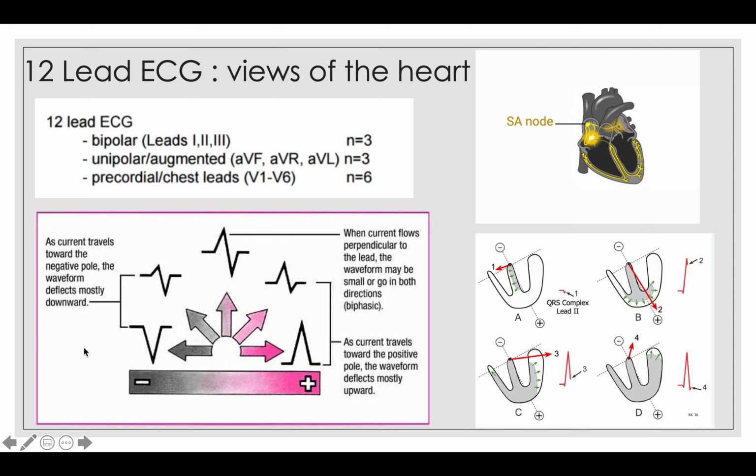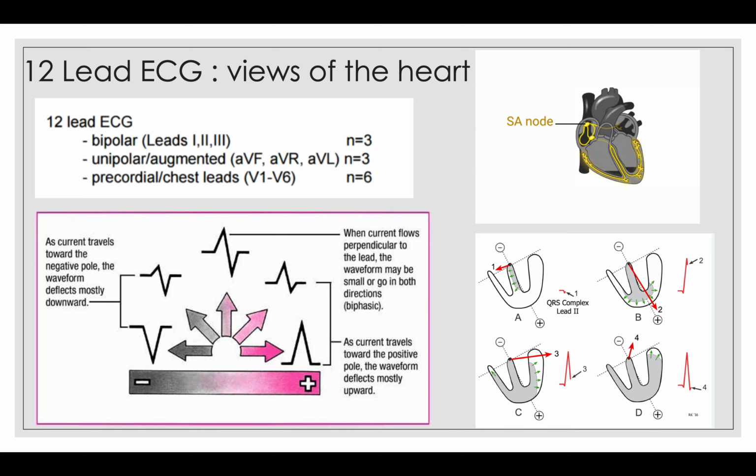Now when you come here, things get a bit more confusing, because some people have this question: why is there a negative deflection in the Q wave, then a positive deflection in the R wave, then again a negative deflection in the S wave? So a QRS complex usually consists of negative, positive, and then negative again.